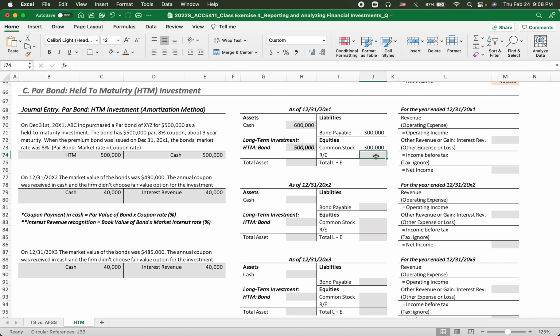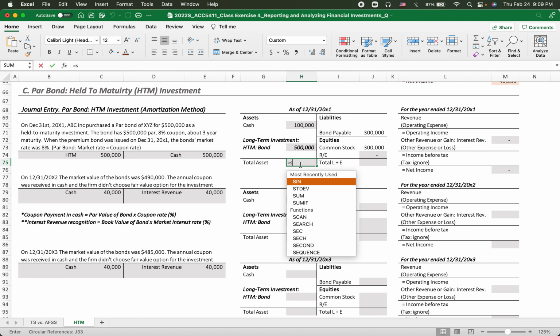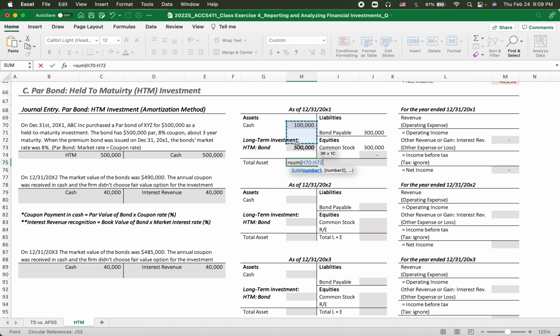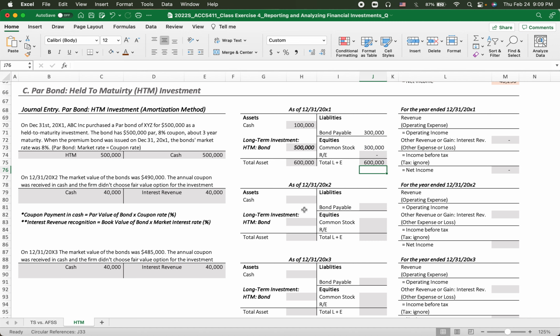There's no coupon yet. Oh, sorry, no interest, because they just purchased. Then total asset. Oh, we have to reduce this cash, 500,000. So the sum of all balanced out.